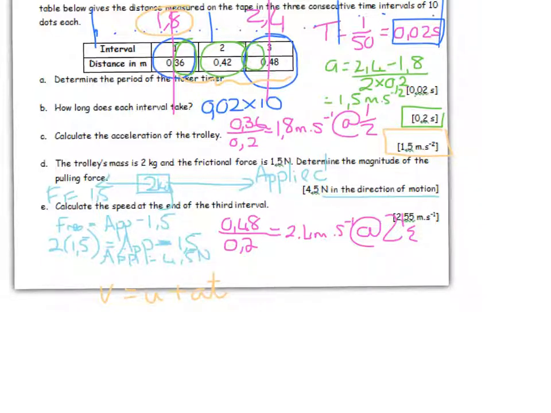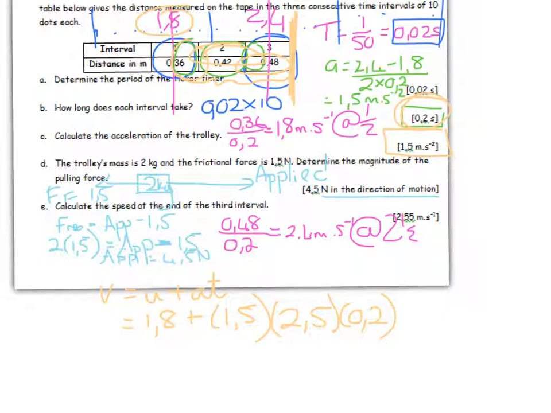The final velocity is what I'm interested in. The initial velocity is 1.8. The acceleration is 1.5. And the time is, they want it at the end of this third interval. So it's a full interval, another full interval, and half an interval. So it's 2.5 intervals. And how long does an interval take? 0.2 seconds.